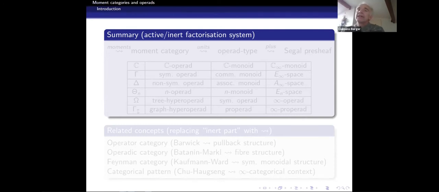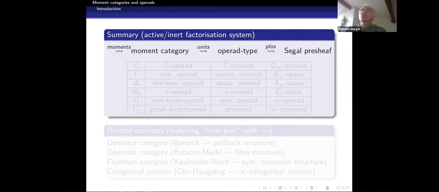And the idea is that such a factorization system induces a notion of moment, which is a funny term for an endomorphism of an object which is split. So it's a split endomorphism. And the presence of these moments gives rise to a moment category. Then there are also unit objects in the category, and altogether they give rise to an operad type.